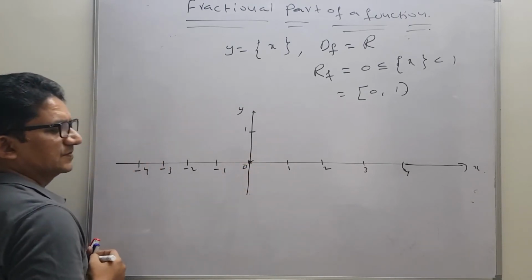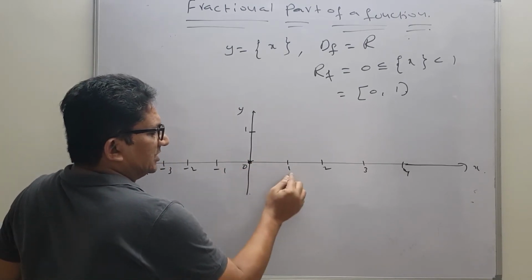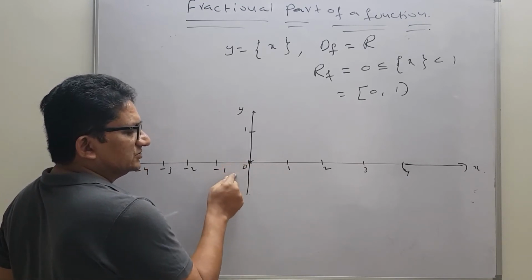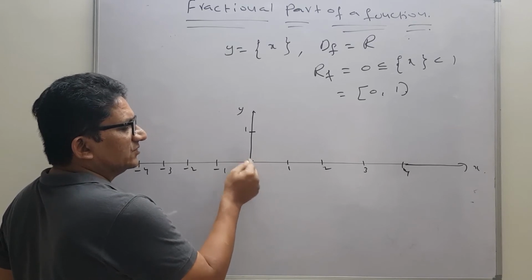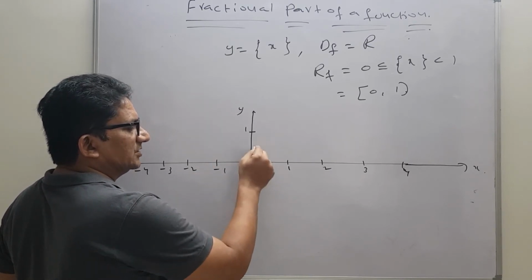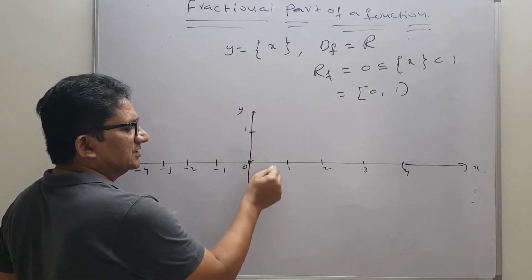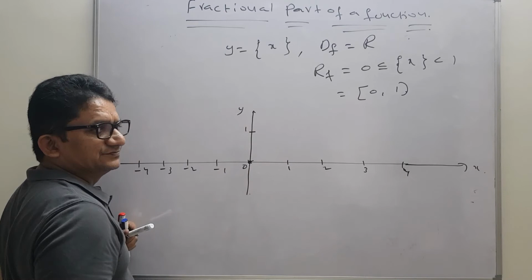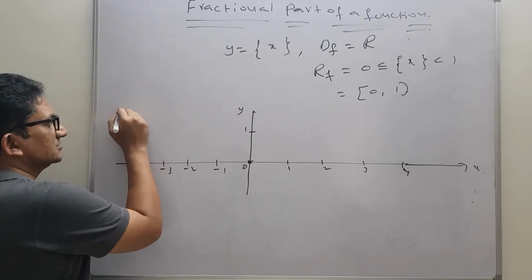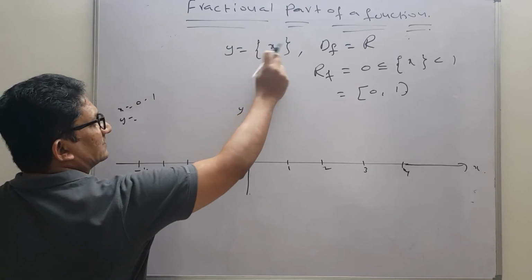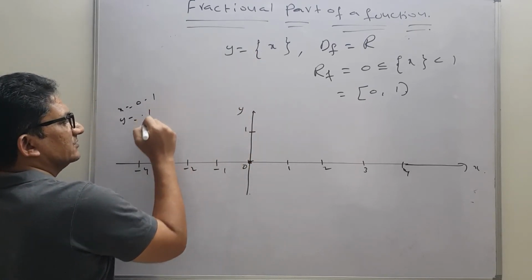Now when you give x as 0, y is also 0. Here is the point. Between 0 and 1, if x is 0, y is 0. X is 0.1, then y is 0.1. X is 0.2, then y is 0.2. X is 0.3, y is 0.3. X is equal to 1, y is equal to 0. Got this point? If x equals 0.1, then y is 0.1 only.